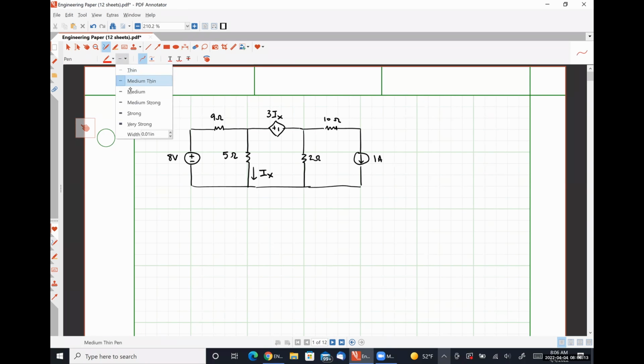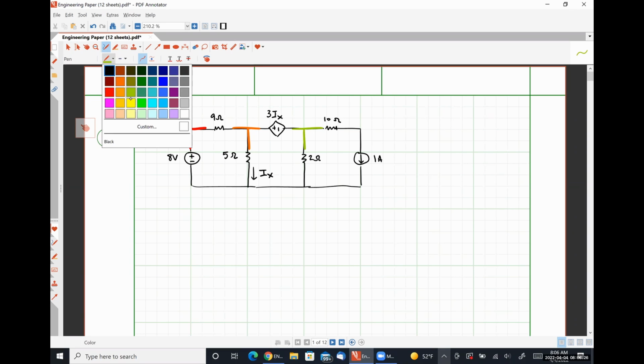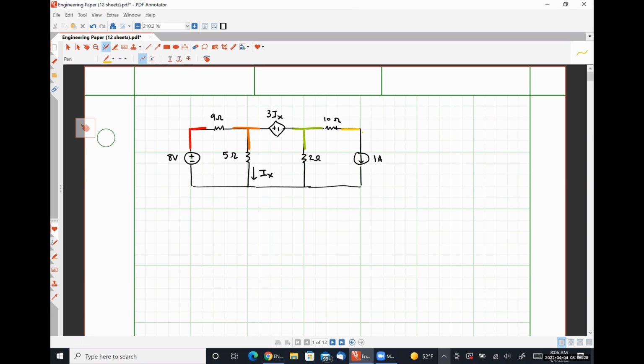So here's 1, 2, 3, 4, 5. All of our nodes have been identified. I'm going to choose the bottom node as a reference node. So steps 1 and 2 are taken care of.